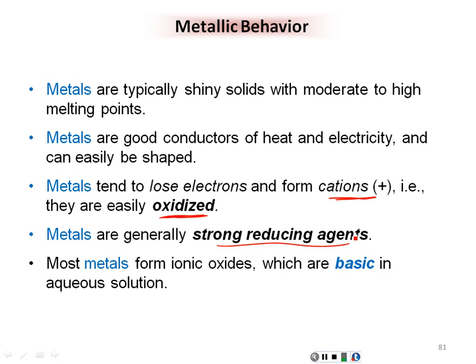I should say that we're going to talk about oxidation and reduction later in the class, next week. So I don't think you really need to understand oxidation and reduction at this point. We're going to be learning about that later on in the class.